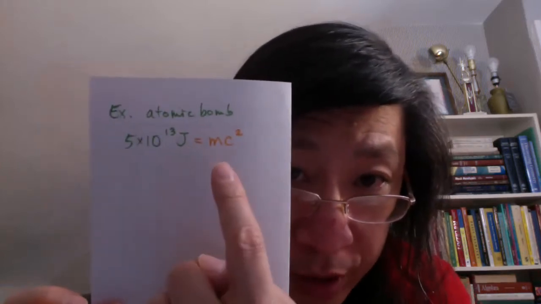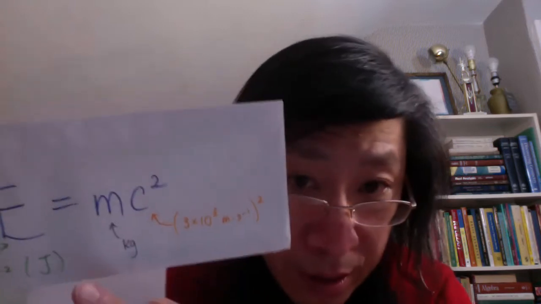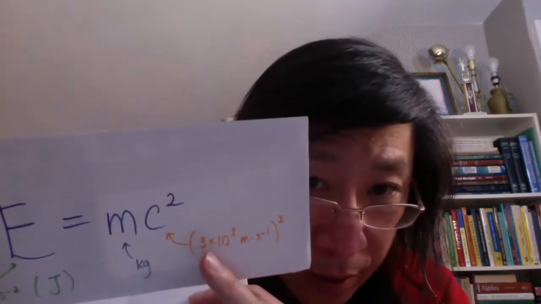So if we use E equals mc squared, then 5 times 10 to the 13 joules equals mc squared. That's the amount of energy. How much is m? Remember that c is 3 times 10 to the 8 meters per second, quantity squared, right here. All right, so let's plug it into the equation.